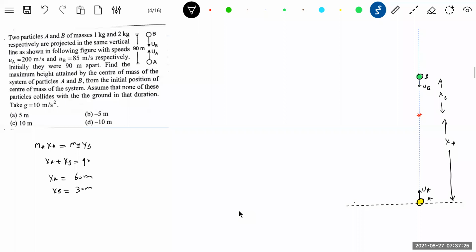What is the initial velocity of the center of mass? Let's focus on the center of mass only. First we'll calculate all the initial quantities here. So what is the acceleration of the center of mass? What is ma? ma is 1 into minus g j cap. mb is how much? 2.